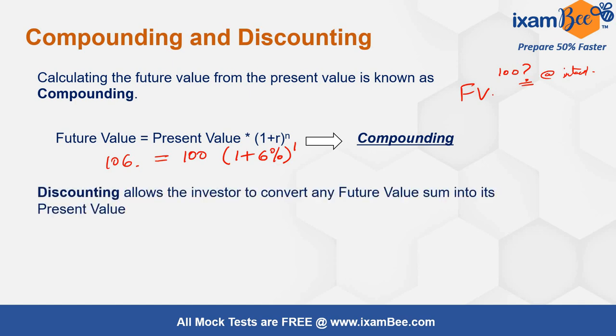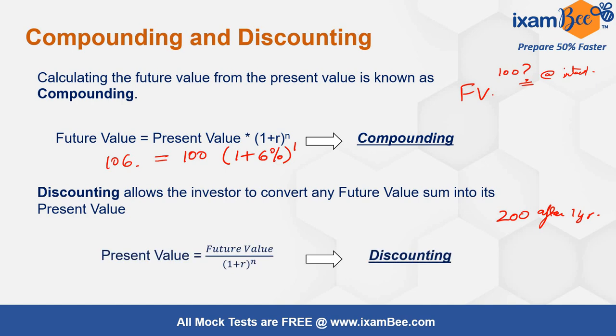The opposite holds true when you know a future value and you're trying to find the present value of it. Say for example, if you know you will get 200 rupees after 1 year from a saving, then how much have you actually invested if that money has been growing at 6% interest rate?